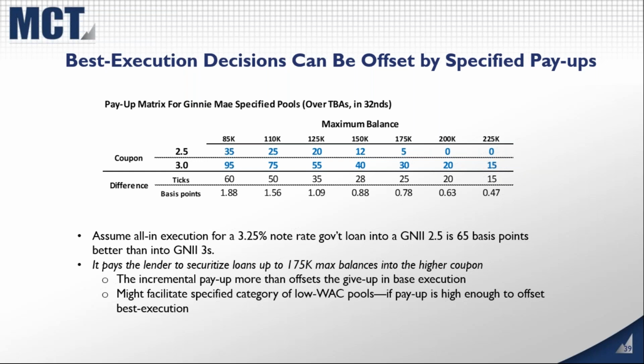So in other words, for a 150K pool, you might be giving up 65 basis points in execution by pooling into 3s rather than 2.5s, but you're picking up 88 basis points by the fact that the pay-up for a 150K Ginnie 2 3 is much greater than for 2.5s. So that means that in that case, you should.